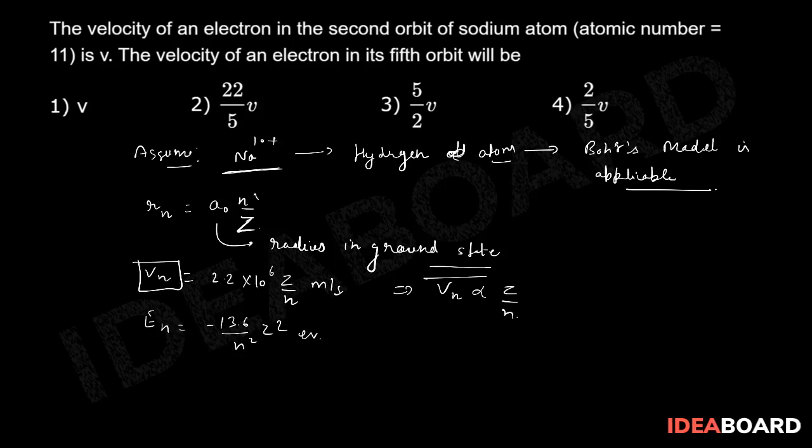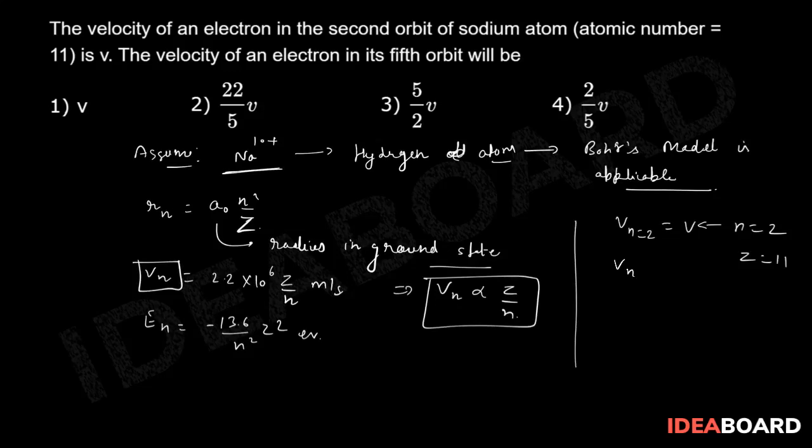So now they have provided the information that when we are in second orbit, so n is equal to 2, we know that z is equal to 11 for sodium, which is also given, and they have provided that velocity Vn is equal to 2 is equal to v only. So now they are asking when it is in fifth orbit, so Vn is equal to 5 is equal to what? Say this is x, so I can write from our results Vn is proportional to z by n.